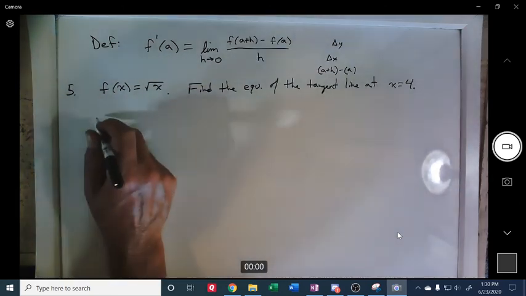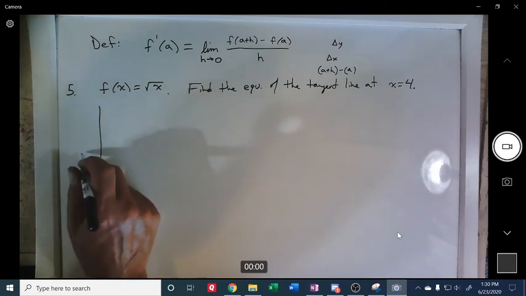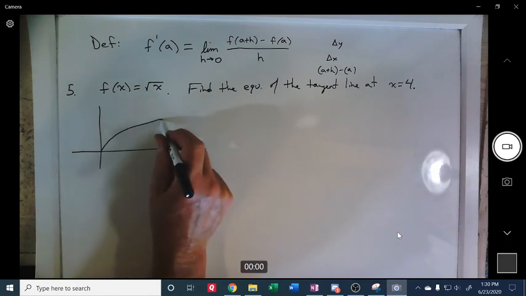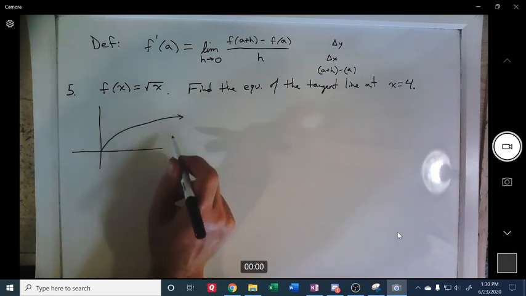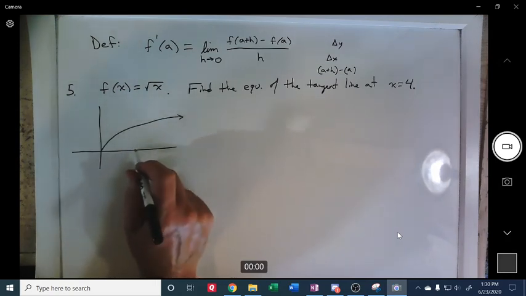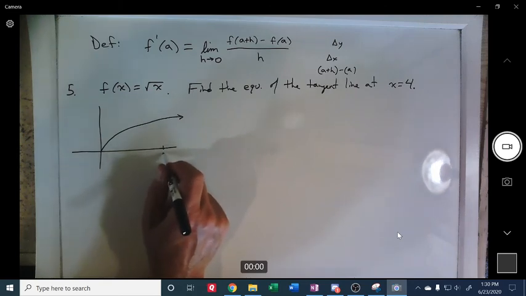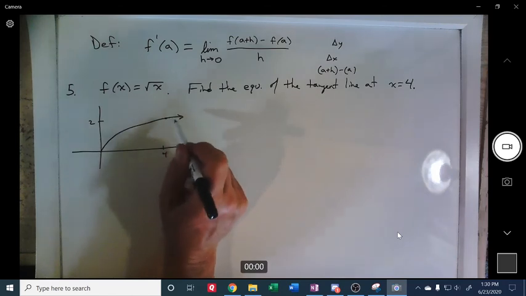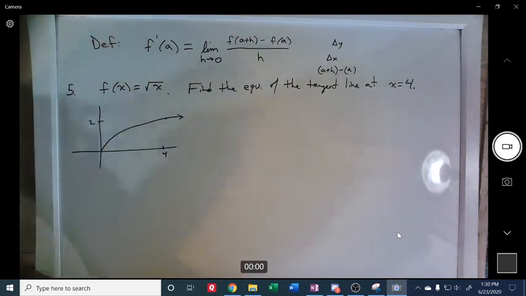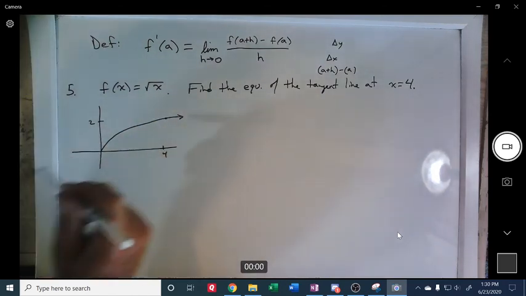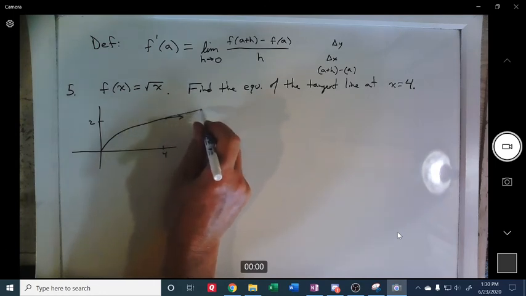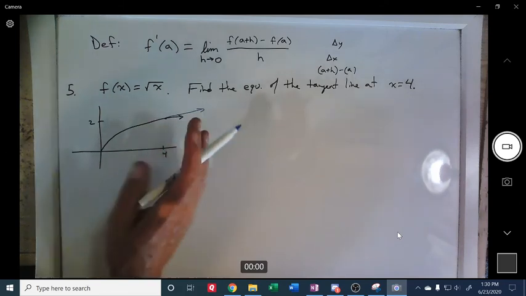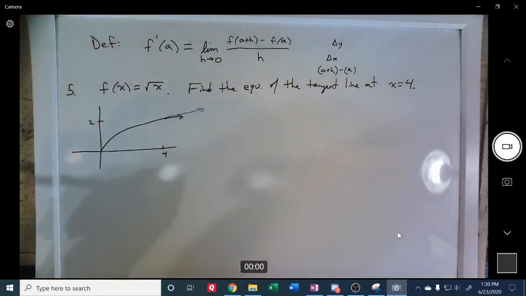All right, a rough estimate of this. f of x equals square root of x, I know, is the upper half of a sideways parabola. And when x is 4, the y is only going to be 2. And when I find the instantaneous slope that's just going to nick the curve there, I'm going to get something less than a 45-degree angle.